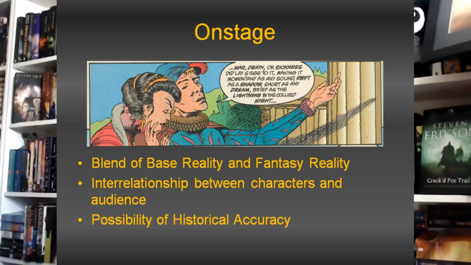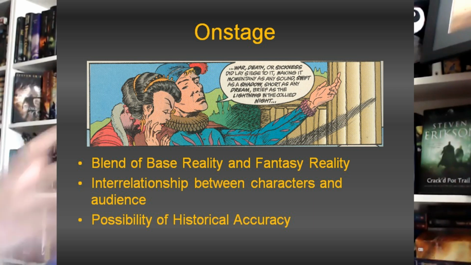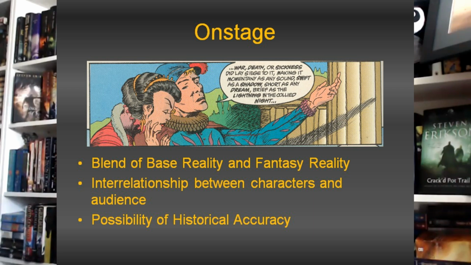And there's this really fine line then that is constantly being crossed between what is real and what is unreal. And what makes it so interesting in relation to this issue is that this fine line is further complicated by the fact that the action on stage, what is happening in the play by William Shakespeare called A Midsummer Night's Dream, is mimicking and referring to the past actions of some of the audience members.